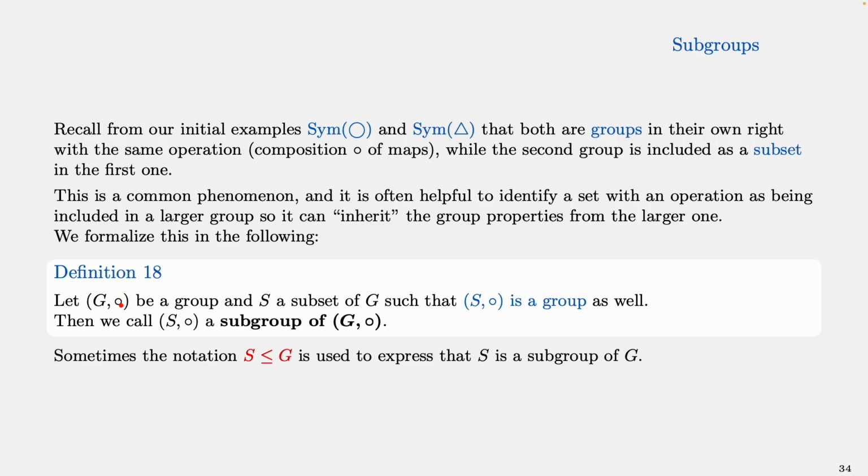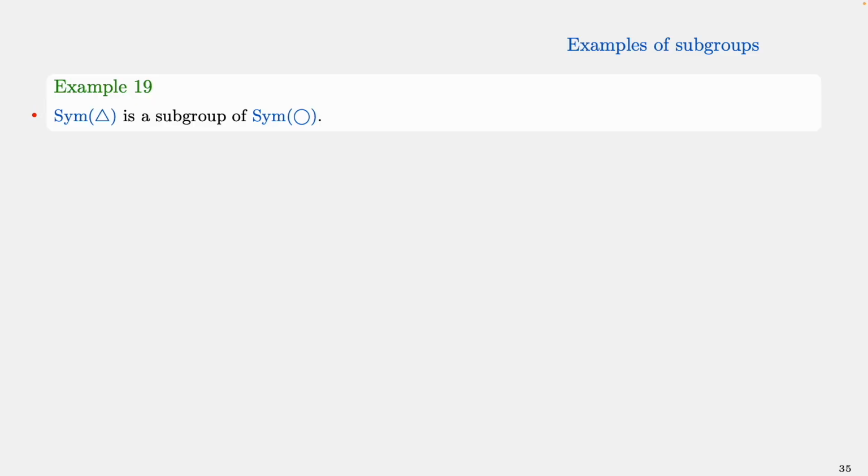So if G with this operation circle is a group and S is a subset of G such that S together with the same operation is a group as well, then we call this S a subgroup of G. And sometimes you will find the notation S less or equal G to express that S is a subgroup of G. Personally, I don't like to use this notation because it's not always clear, maybe not everyone is familiar with it, so I prefer to write it out explicitly that S is a subgroup of G. As our first example, we already had it, the symmetries of the triangle form a subgroup of the symmetries of the circle.